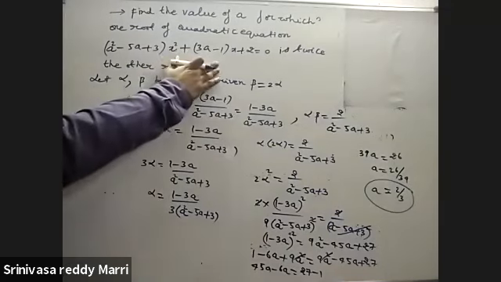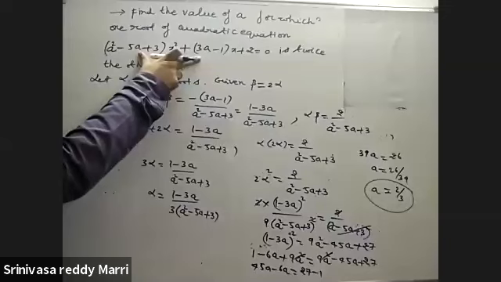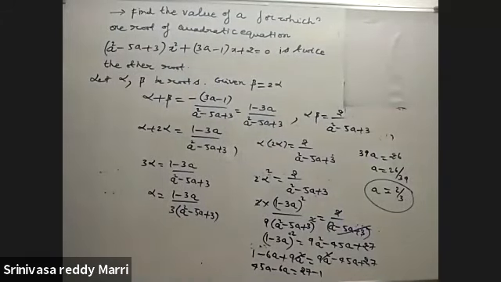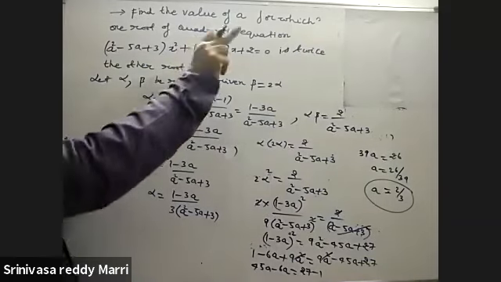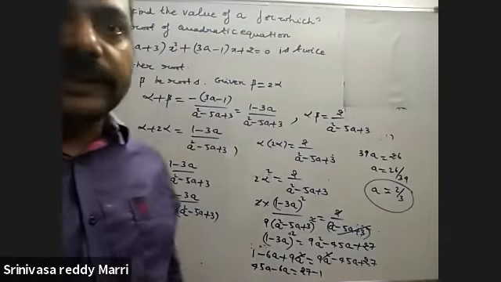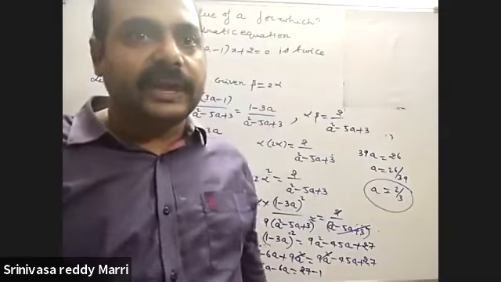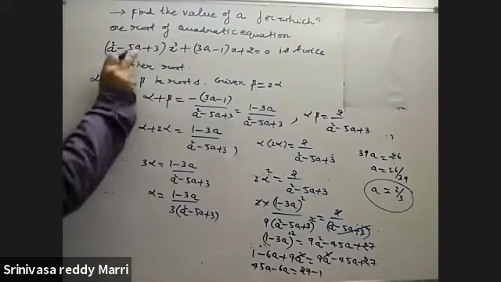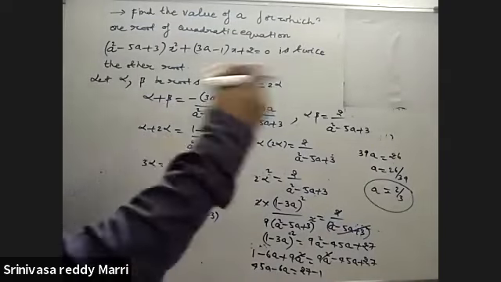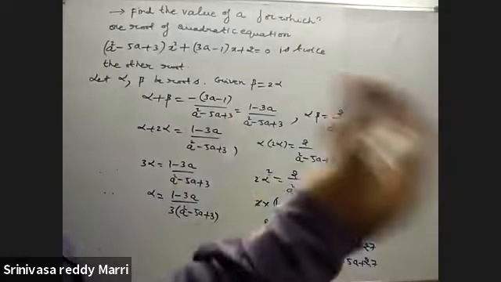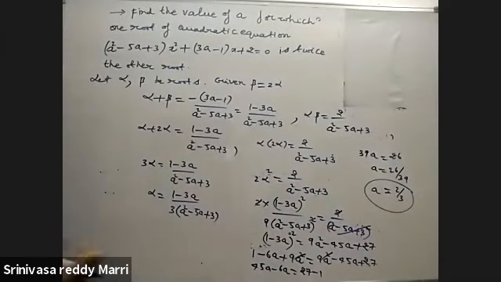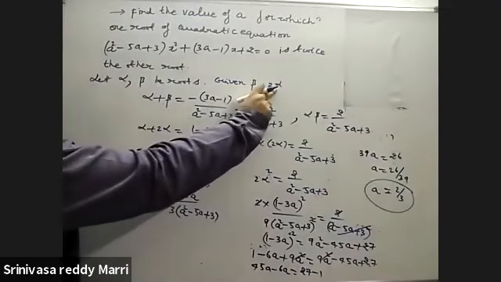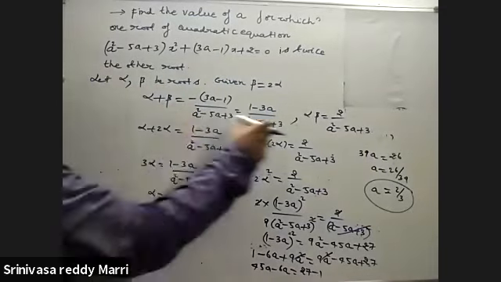Look at the approach. Initially, if you approach by solving for the roots, it will become difficult, because of minus b plus or minus root of b square minus 4ac divided by 2a. If you approach like that, it will become difficult. So for this type of problems, where one root is twice the other, or one root is the square of the other, if they give a relation between the roots, take the roots, write the relation, and then write the sum of the roots and the product of the roots.